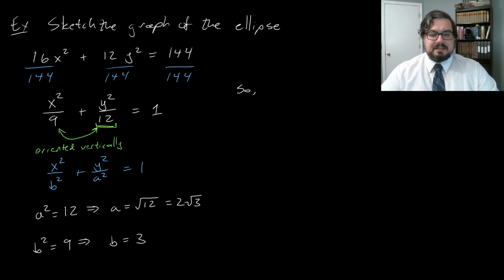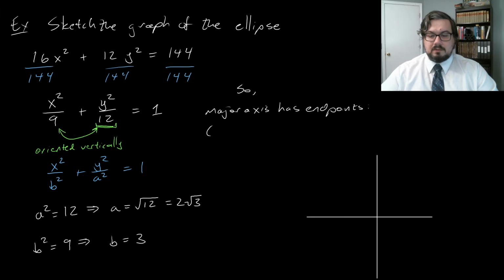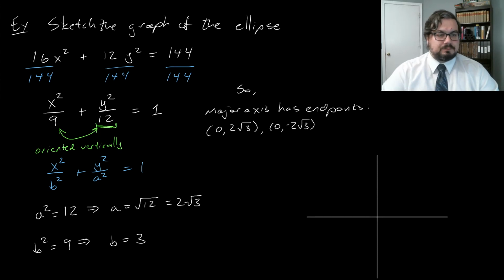So this means that the major axis has the endpoints, because we're aligned vertically, (0, 2 square root of 3) and (0, negative 2 square root of 3).